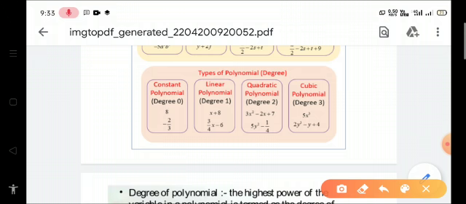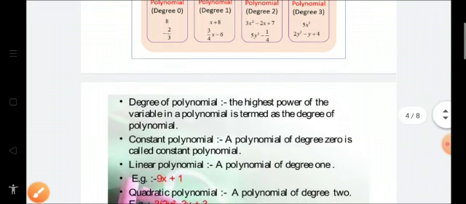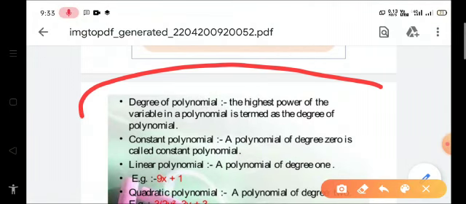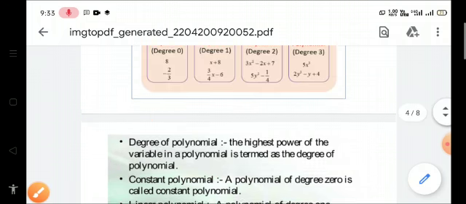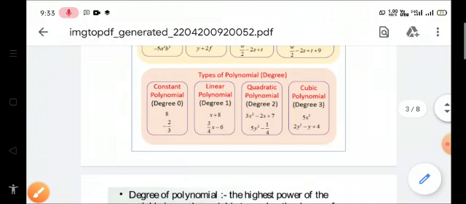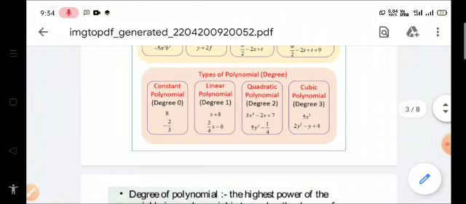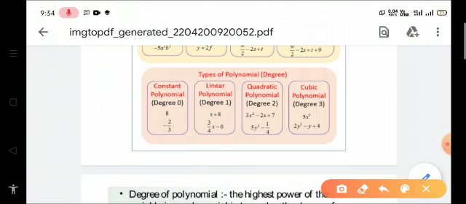So what is the degree of the polynomial? Degree is the highest power of the variable. Any variable having the highest power, that power is called its degree. So linear polynomial always has degree 1, x to the power 1.